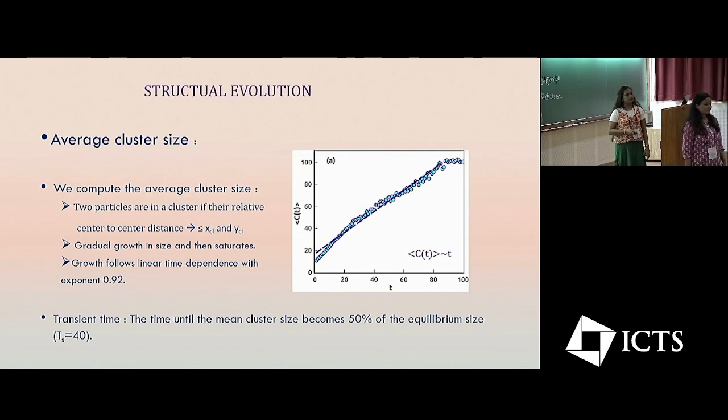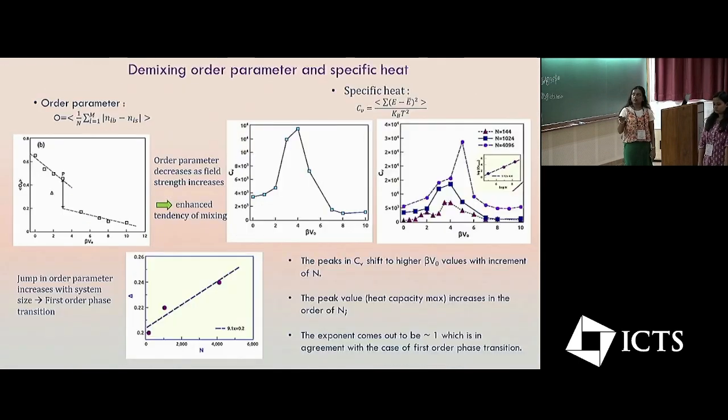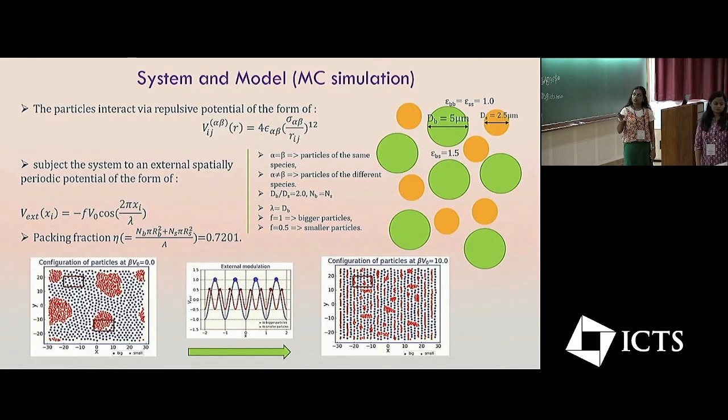And the other question was, why doesn't it form a glass? Usually you hear that if you have a binary mixture, it forms a glass. So you mean complete demixing? There are two reasons. One is that I am here focusing on the cross-species interaction, but the intra-species interaction is also repulsive.